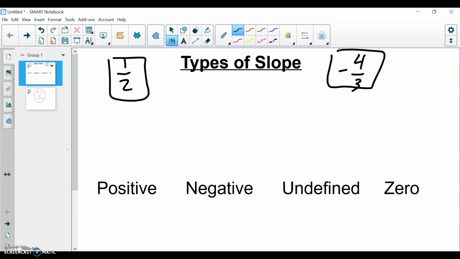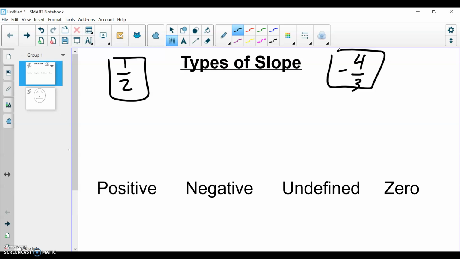Today we're going to really quickly talk about the 4 different types of slope. And those 4 different types of slope are your positive slopes, your negative slopes, your undefined slopes, and your zero slopes. Any line that you draw on a coordinate grid will fall under one of these 4 categories, right? Now, we live in the United States, and we read from left to right.